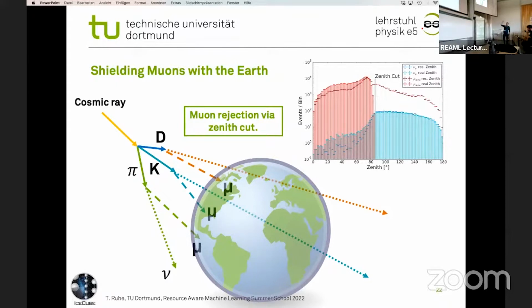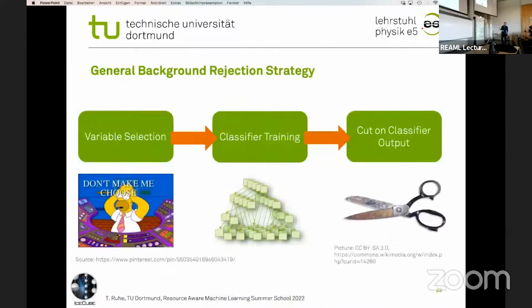And the point is that the number of atmospheric muons is so large that there's still a really significant fraction of downward going muons that we reconstruct as upward going. And so this is basically the situation we end up with, right? The red ones are atmospheric muons, falsely reconstructed. So this is the reconstructed zenith angle, not the true one. And these are the atmospheric neutrinos. And as you can imagine, this background is significantly harder to reject. You cannot just apply a cut.